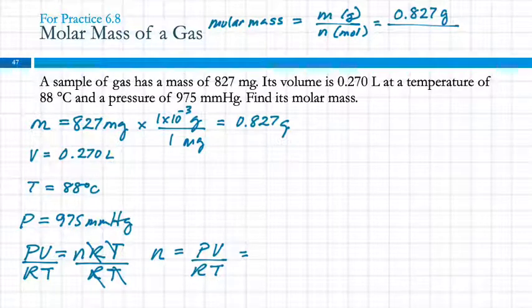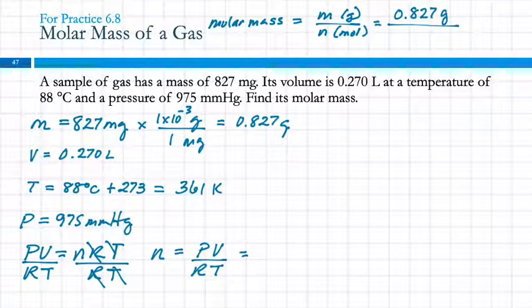We've got R here, so we need liters, atmospheres, and kelvins. Well, the volume's fine, but the temperature is not. We'll convert that to Kelvin. 361 Kelvin.